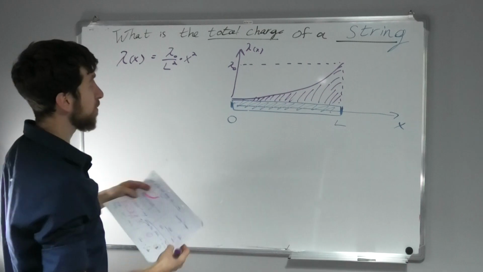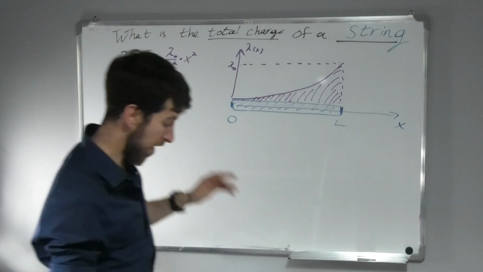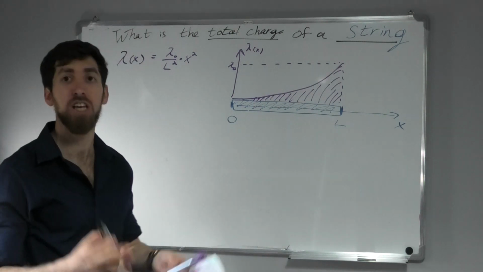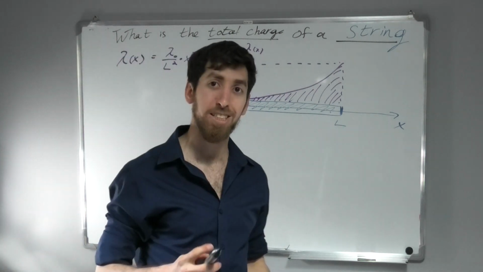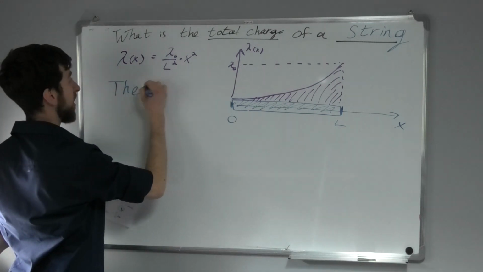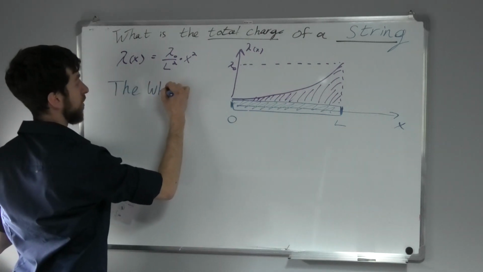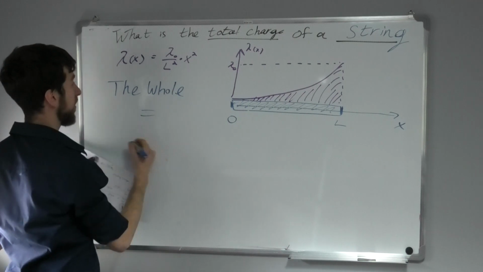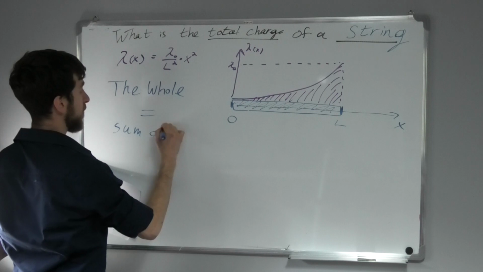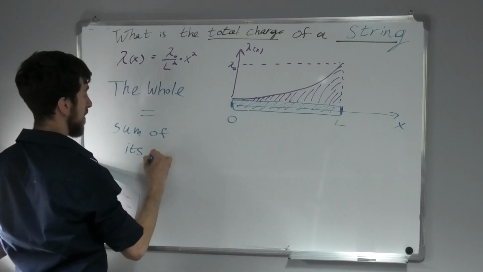So what we want to know is the total charge. I'm going to give you a really simple equation, which is the first equation you're going to use in this class: the whole equals the sum of its parts.